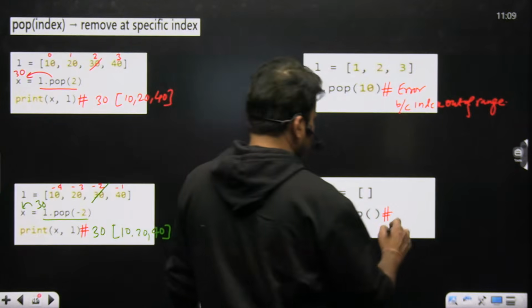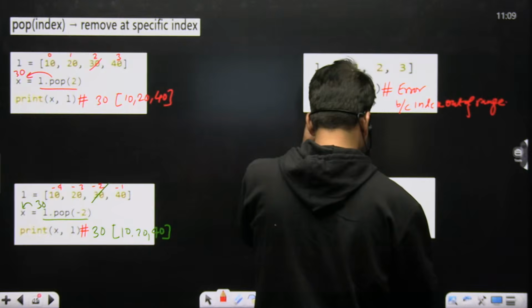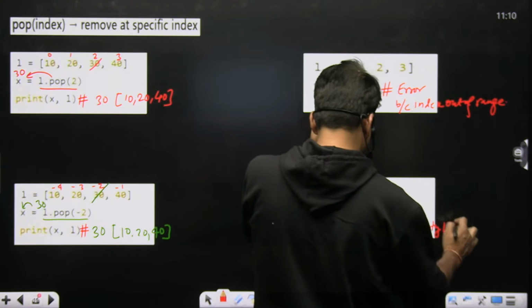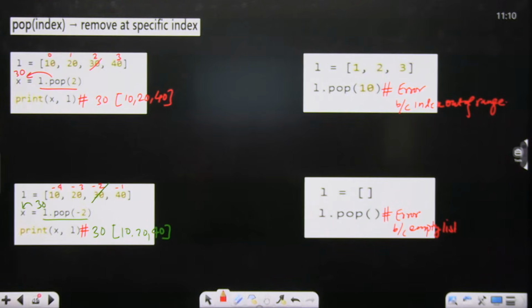This is also an error. Pop is not allowed on an empty list, students, because the list is empty. This is also an index error, right? Like the previous index error, this is also an index error.